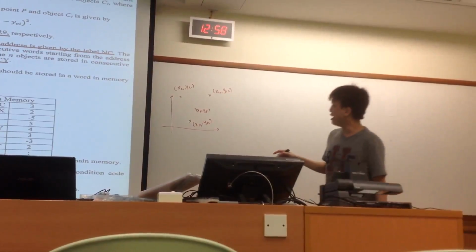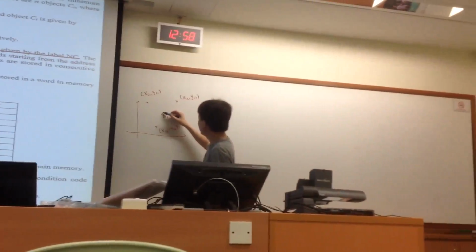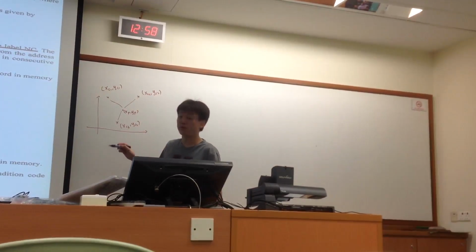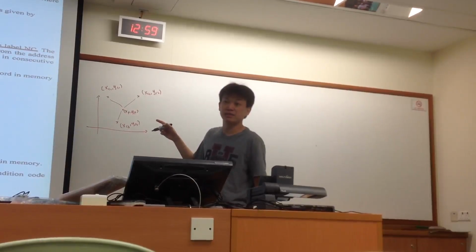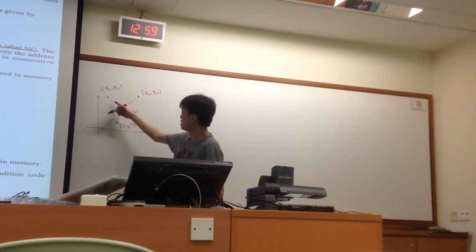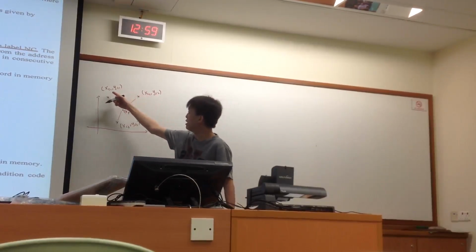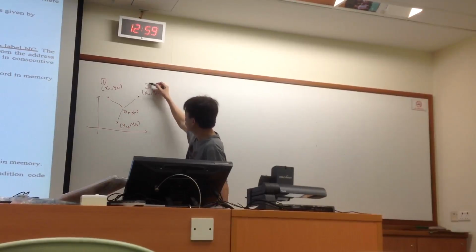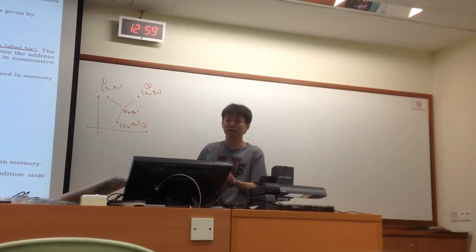Then they ask you to find, using this formula, the square distance between XP and XCi. So you need to find the shortest distance among all these, and then indicate whether object 1, object 2 or object 3 is the nearest one.